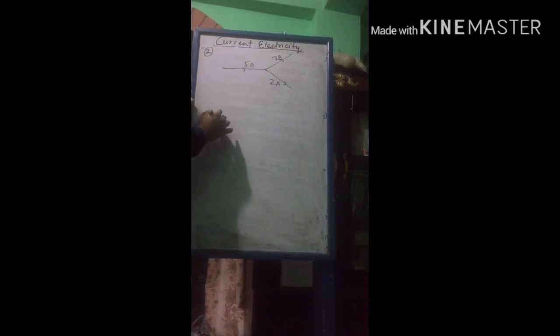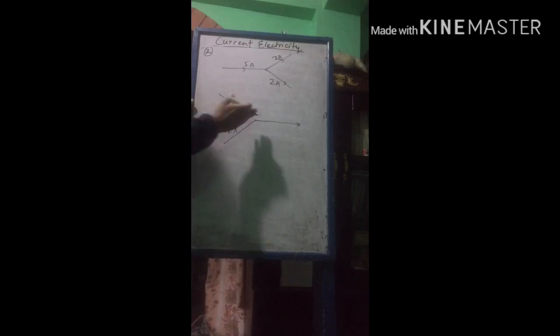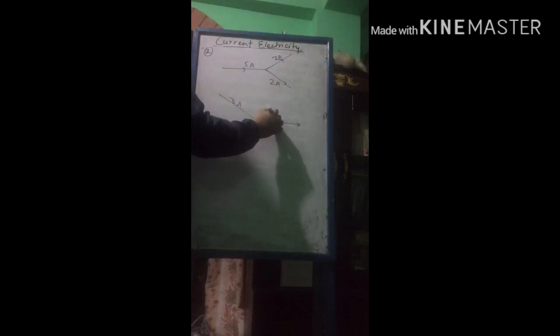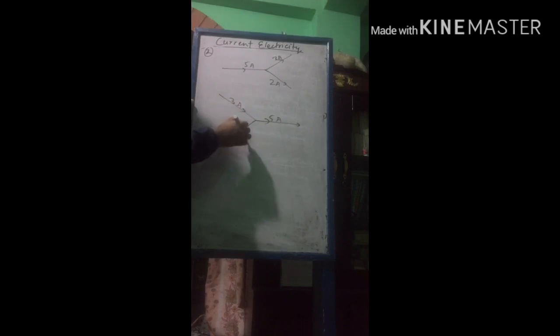Similarly, if 3 ampere comes from here and 2 ampere current comes from this wire, then what will be the current flowing through this wire? That will be 5 ampere, flowing in this direction.